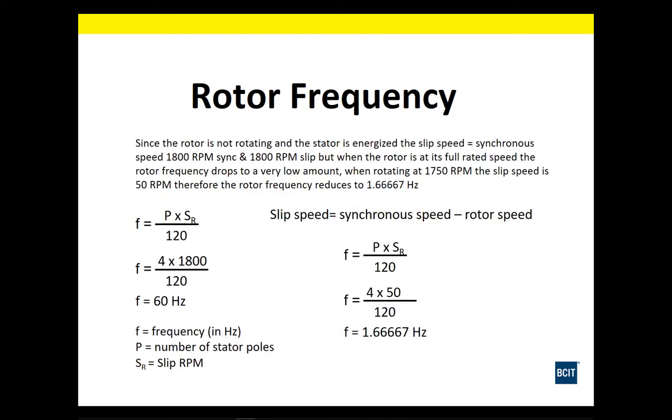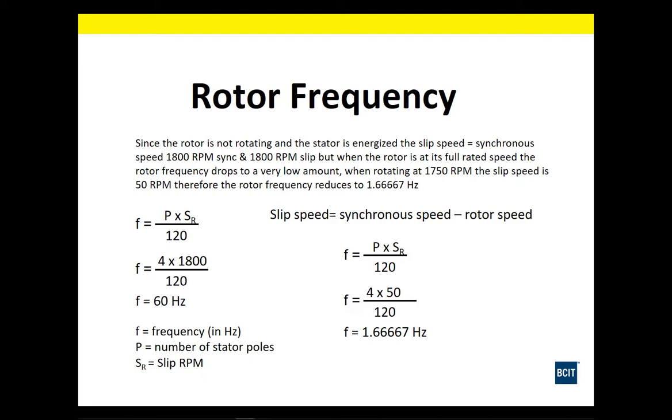Since the rotor is not rotating and the stator is energized, the slip speed equals the synchronous speed: 1800 RPM sync and 1800 RPM slip. But when the rotor is at full rated speed, the rotor frequency drops to a very low amount. When rotating at 1750 RPM, the slip speed is 50 RPM.